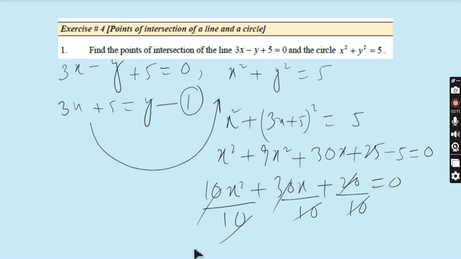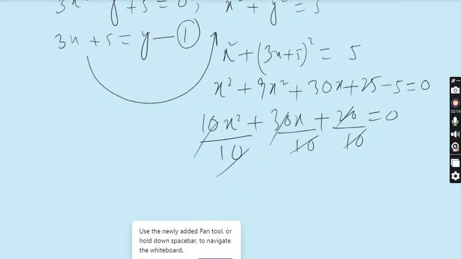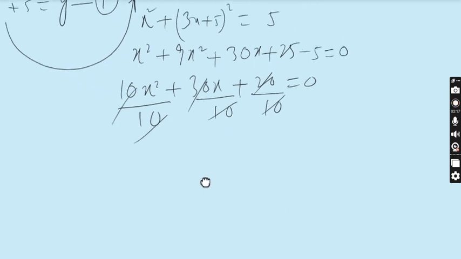So the answer is x square plus 3x plus 2 equals 0. This is a quadratic equation.